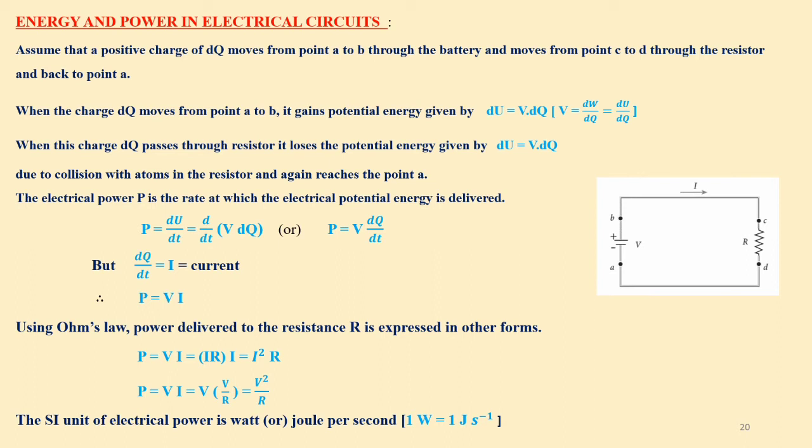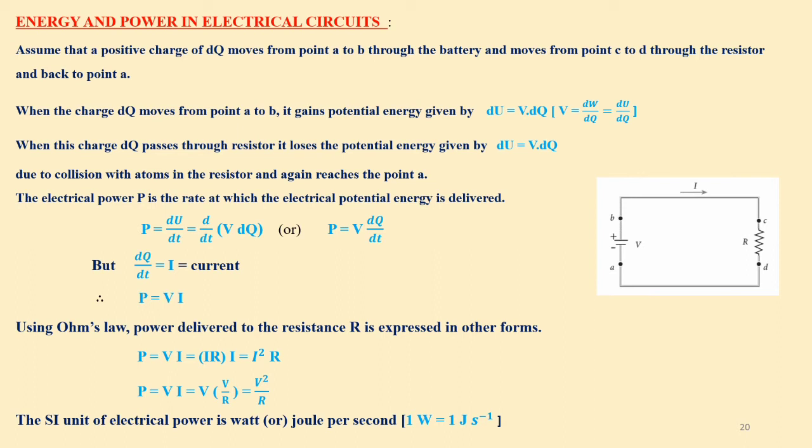When the charge dq moves from the point A to B, it gains potential energy given by the expression dU is equal to V into dq. In the bracket, we have given the reason from the first chapter, electrostatics. Potential difference V is equal to work done per unit charge, that is equal to dW by dq, or that is equal to dU by dq. So you must know that the chemical energy is lost and electrical potential energy is gained by the charges.